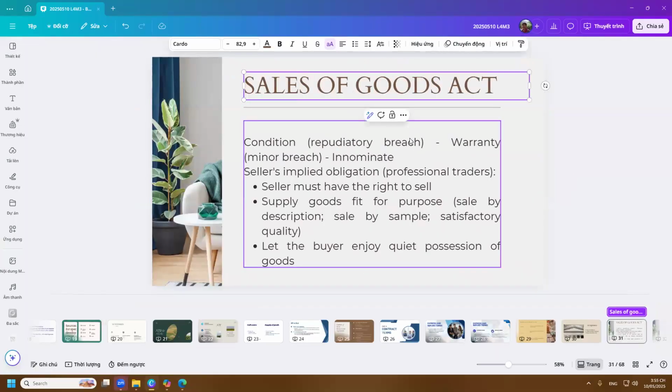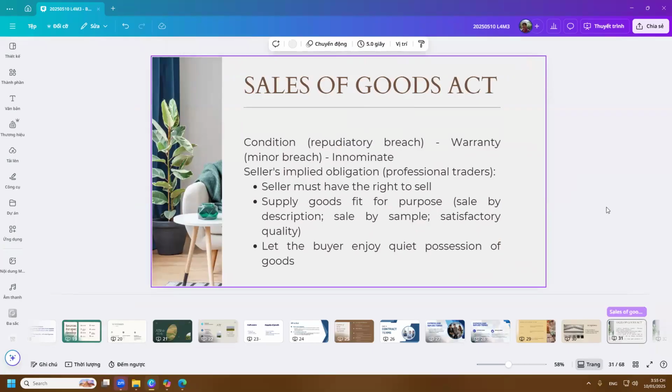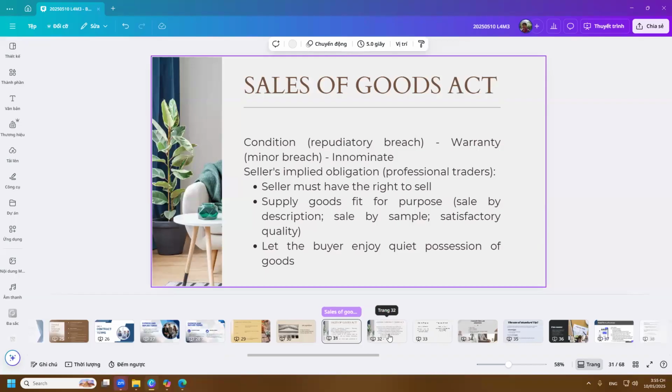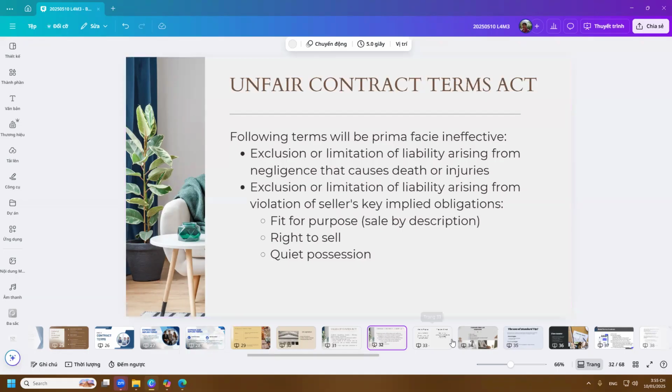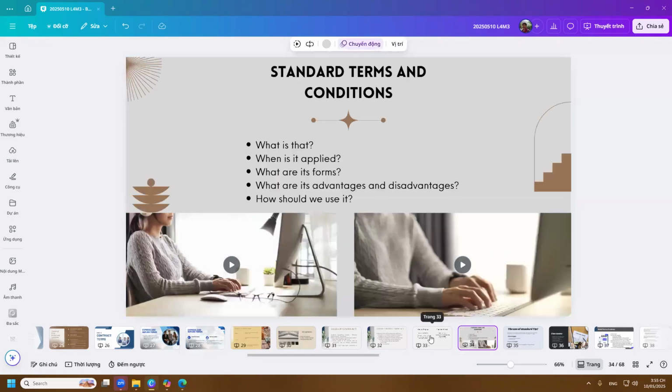So you should be aware that there are questions about this, like certain types of obligation, liability, or exclusion that are prohibited by statute or by law. Therefore, we must be very careful when we make our own standard terms and conditions.